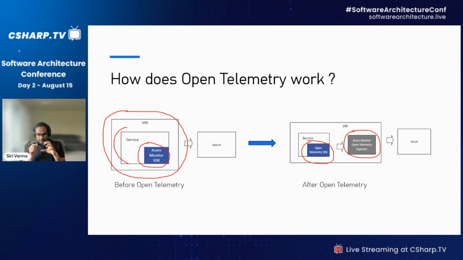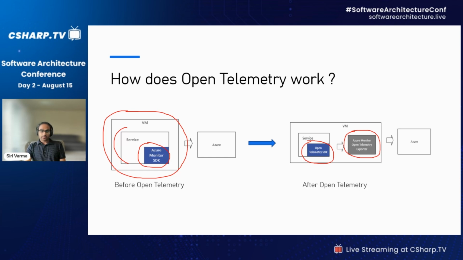As part of your service, you emit the observability pieces using the OpenTelemetry SDK, and the exporters extract those pieces, do any necessary processing they need on them, and then send them to the corresponding backends. In this case, Azure. Right.